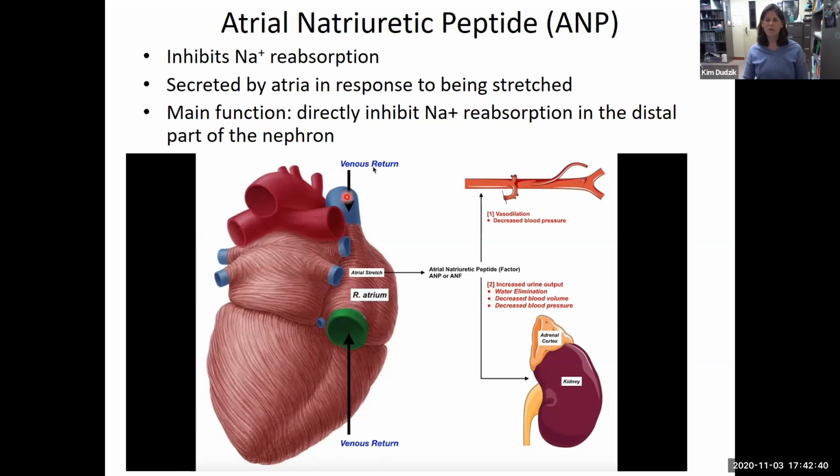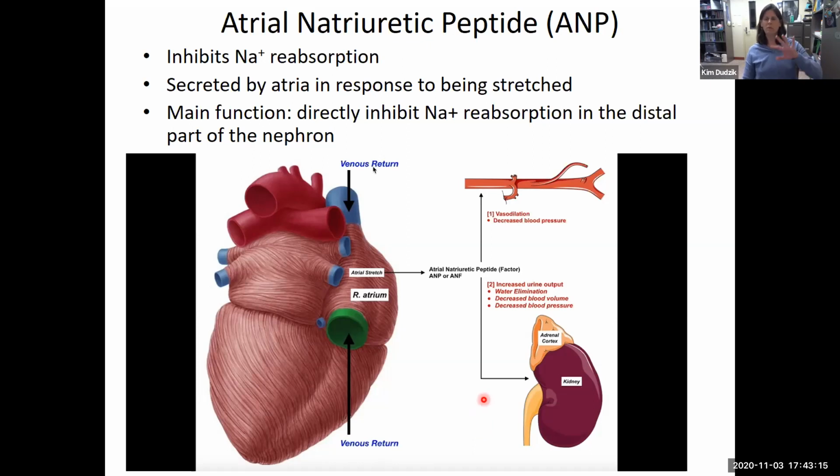So more blood, more venous return means that the atrium stretches. That stretch causes the release of a hormone called atrial natriuretic peptide, ANP. So that ends up getting into the blood, and that can cause vasodilation to decrease your blood pressure, but it also inhibits, this is the main function, the reabsorption of sodium at the distal part of the nephron, the distal tubule.